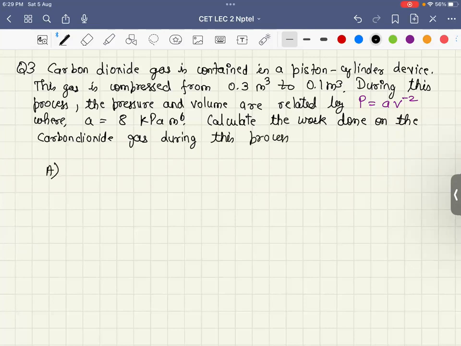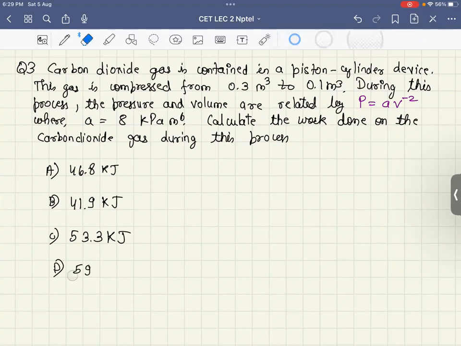And the options are: option A is 46.8 kilojoule, option B is 41.9 kilojoule, option C is 53.3 kilojoule, and option D is 59.6 kilojoule. Next. So I will give you a couple of minutes to solve it.